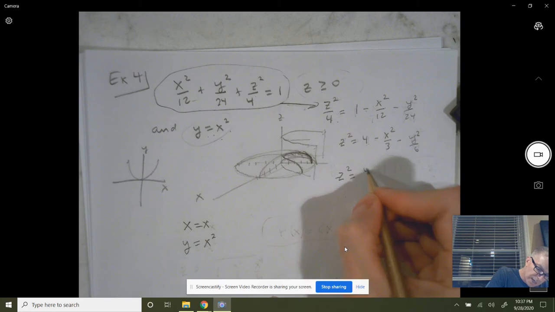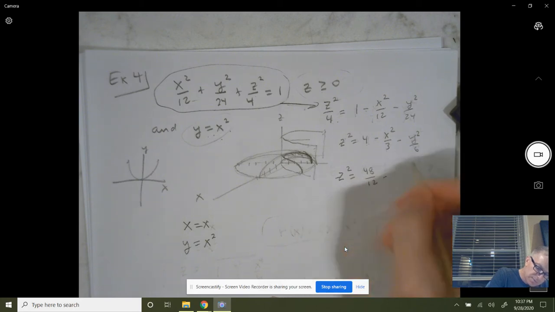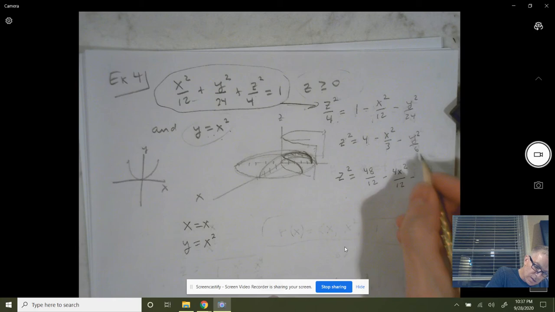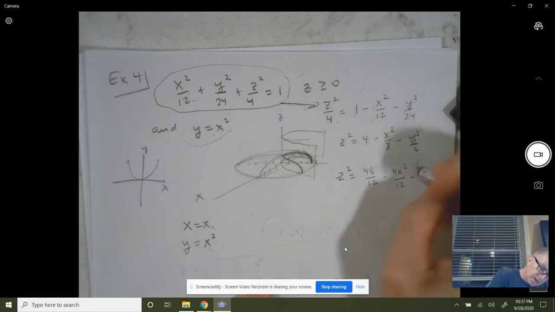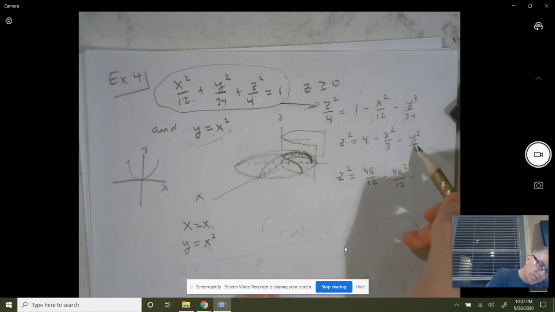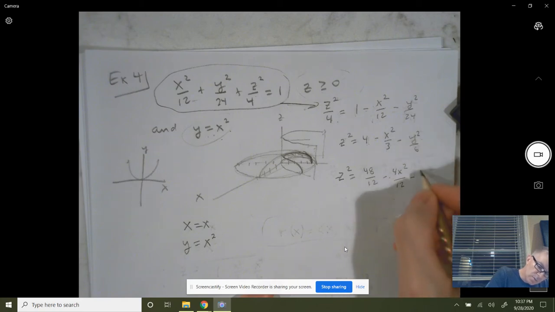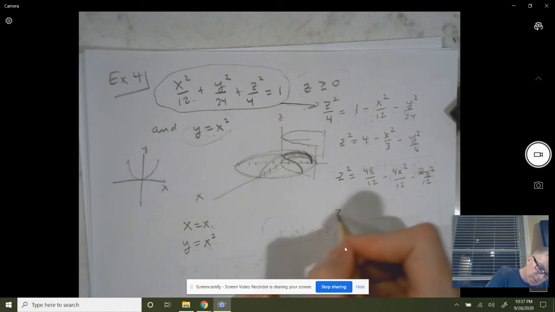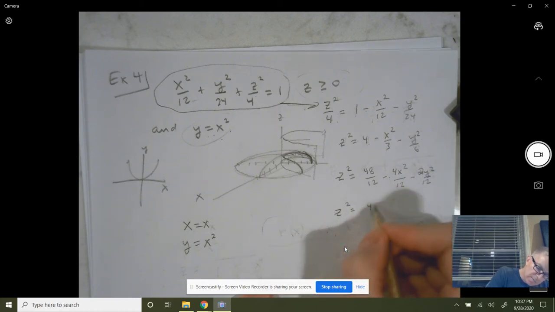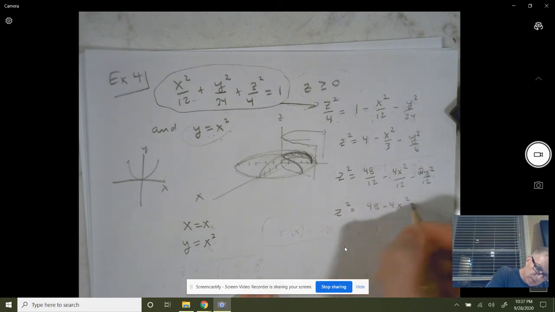So that would be 48 over 12 minus 4x squared over 12 minus 2y squared over 12. So z squared is equal to 48 minus 4x squared minus 2y squared, all over 12.